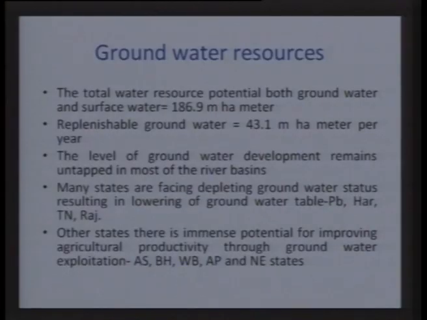So these are the regions where the groundwater potential is good and needs to be exploited in order to improve the agricultural productivity. And in the states where the groundwater table is receding and excessive groundwater exploitation is there, there is a need to put a check and to judiciously use the groundwater resources.